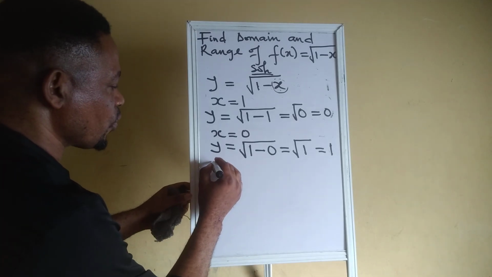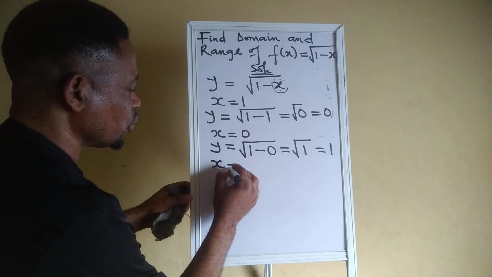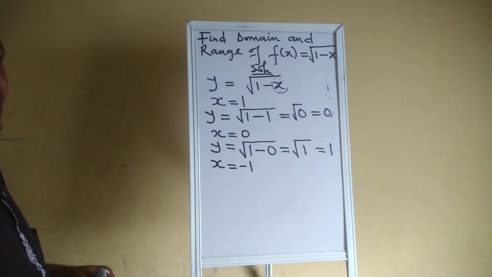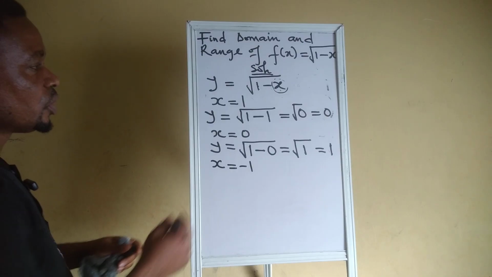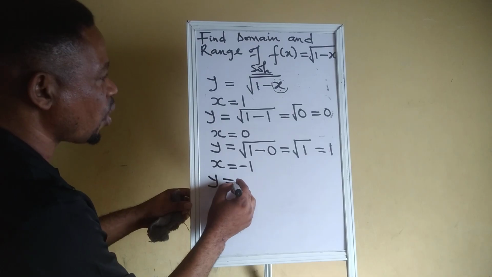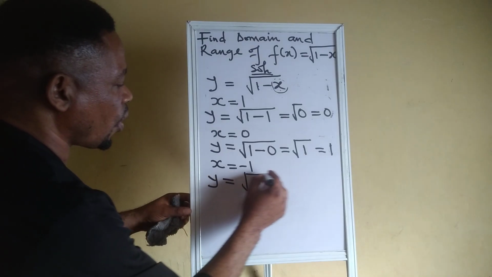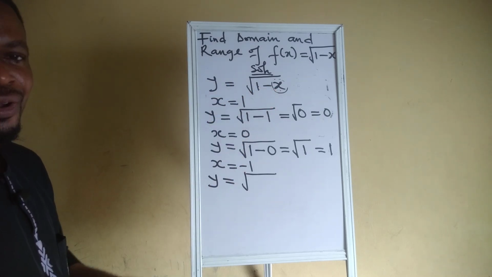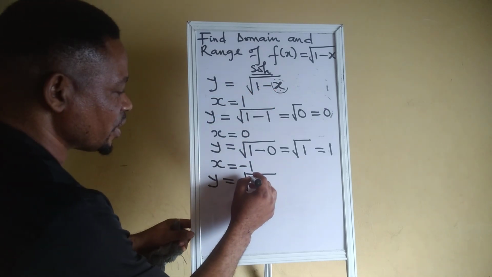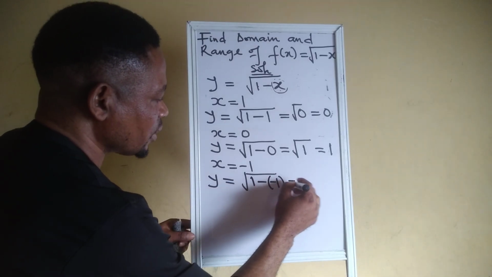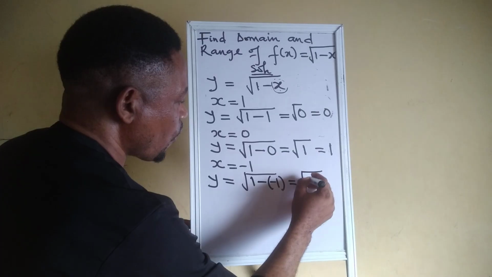So what do we do again? If you want to try again, let x be minus 1. Can you observe this now? We will substitute again to have y equal to the square root of 1 minus x. Anywhere we see x, remove it and put minus 1. So it gives me 1 minus minus 1, which gives the square root of 1 plus 1.